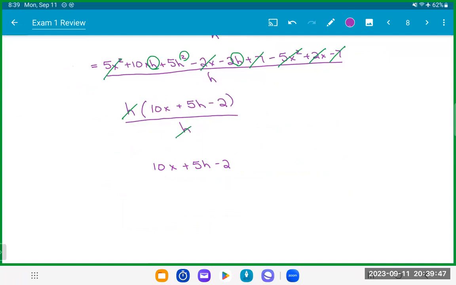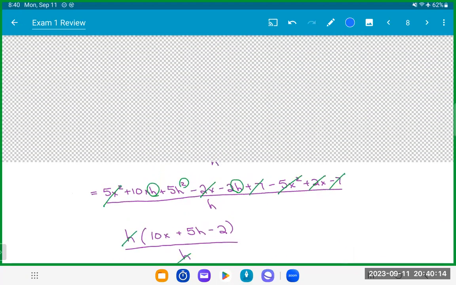I now have to take the limit as h approaches 0 of this here. And that gives me 10x plus 5 times 0 minus 2, which is 10x minus 2. Therefore, the derivative of this is 10x minus 2.